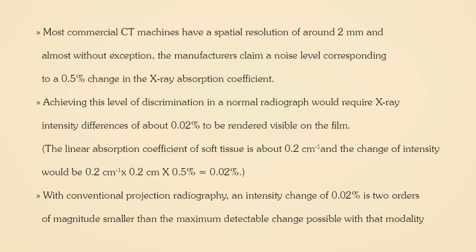The linear absorption coefficient of soft tissue is about 0.2 per centimeter, and the change of intensity would be 0.2 per centimeter times 0.2 centimeter times 0.5%. So, that is equal to 0.02%. So, with conventional projection radiography, an intensity change of 0.02% is two orders of magnitude smaller than the maximum detectable change possible with that modality.